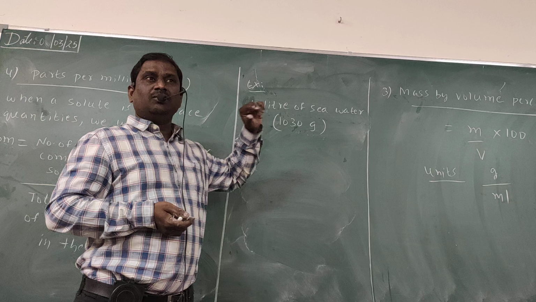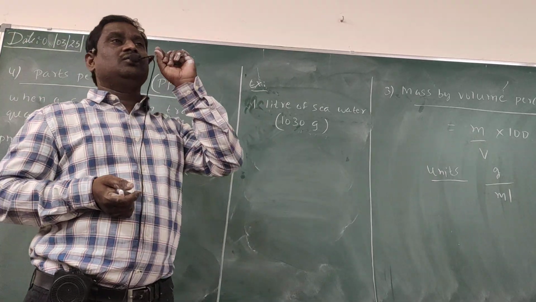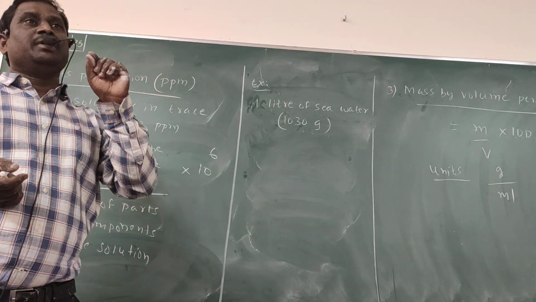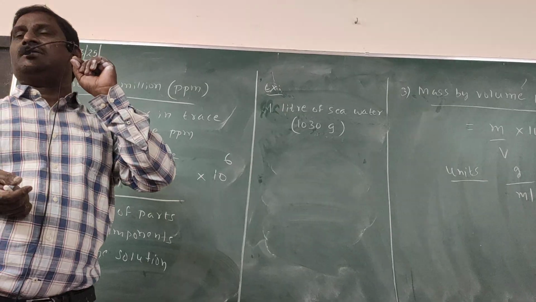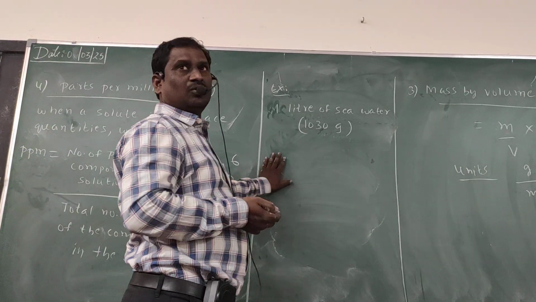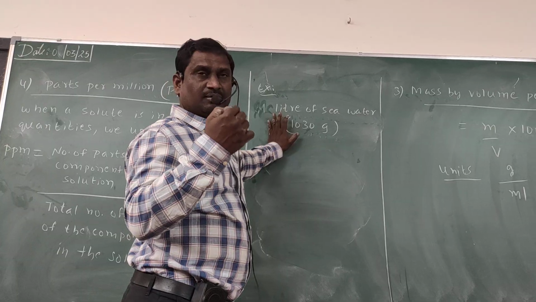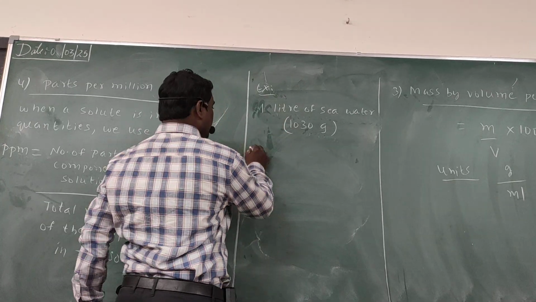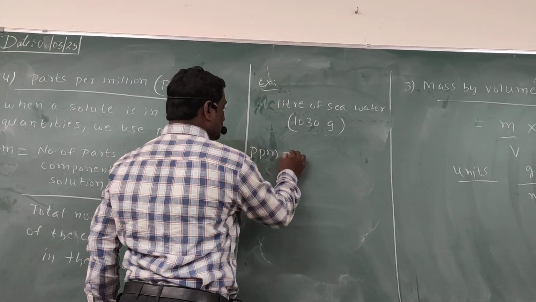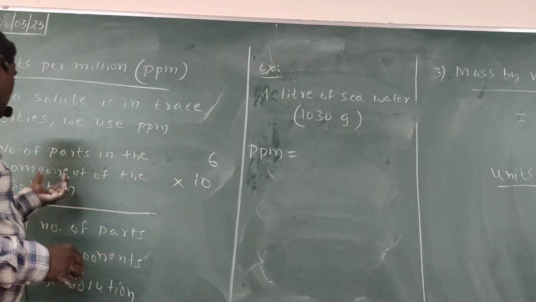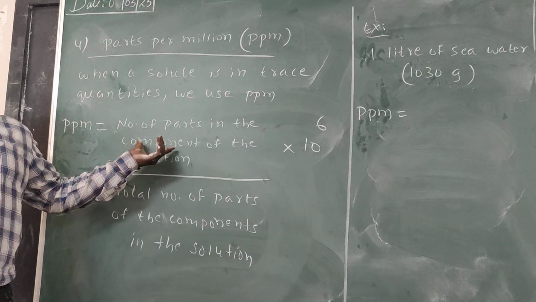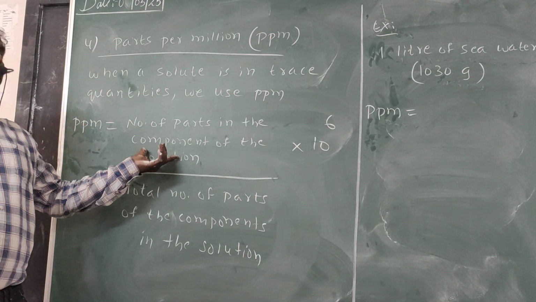Clear? Now look here. I want to find ppm, which means how much is dissolved in that. In this 1 liter of seawater, how much ppm is there? That means trace quantities. ppm is equal to, what is the formula? Number of parts in the component.